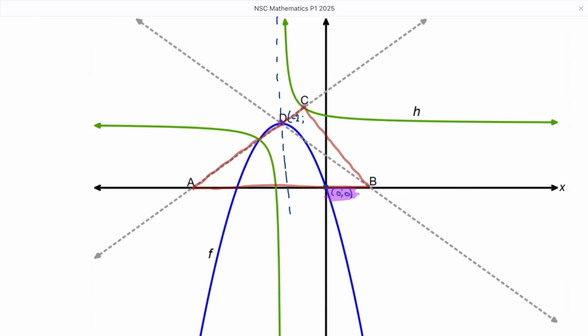So we now already know that A is (-6, 0) and B is (2, 0). So the base has a distance of 8 units. I'm going to show you how to calculate that just now. And then we need the perpendicular height, which means we need the y value of coordinate C, because once we have the y value, we have the perpendicular height.